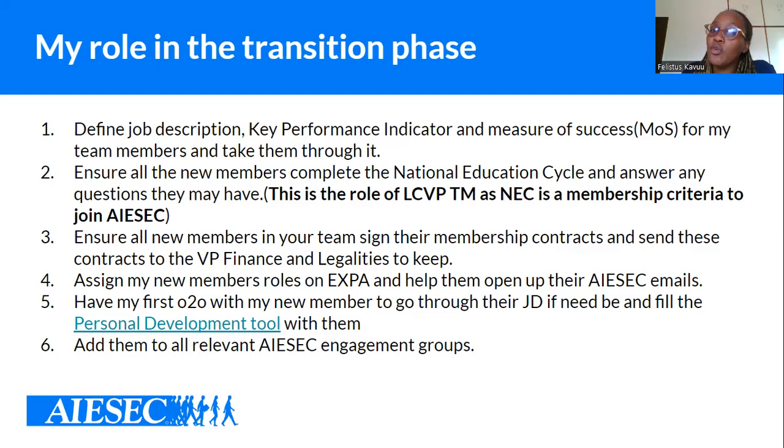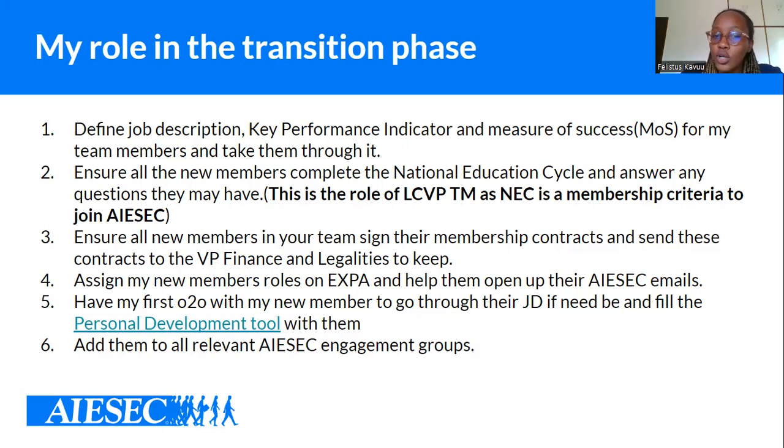So the LCBPTM will follow up with them in a group to just ensure that they complete the NEC. So that immediately they complete the NEC, you're handed your 3 members whose job description you already defined. And then now you move on from there.